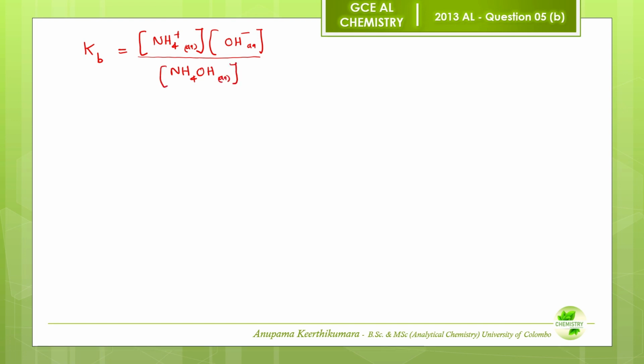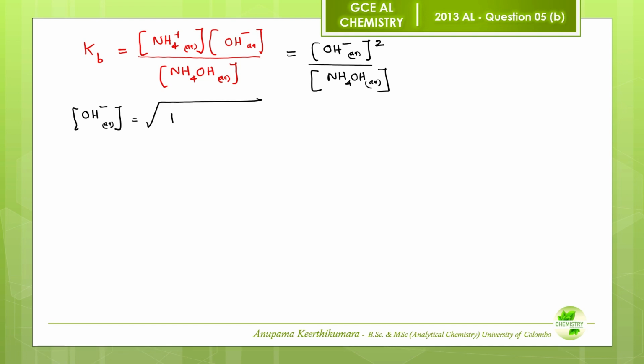We found that ammonium ion concentration and OH minus ion concentration at equilibrium is the same. Therefore, we can write OH minus ion concentration equals square root of Kb times ammonium hydroxide concentration.